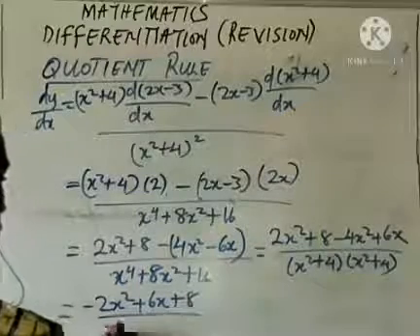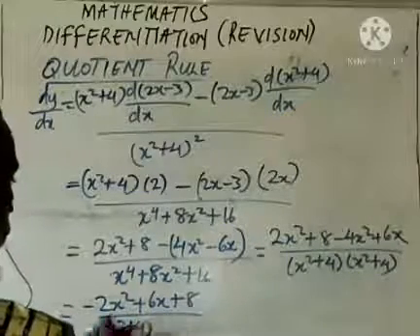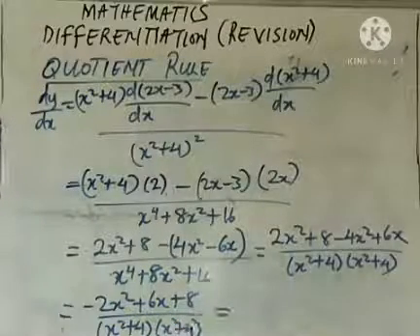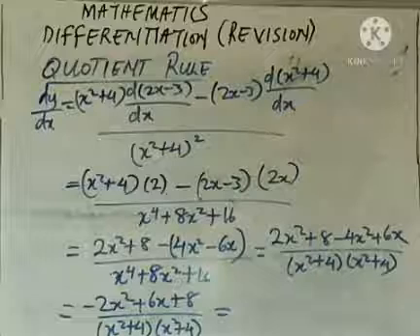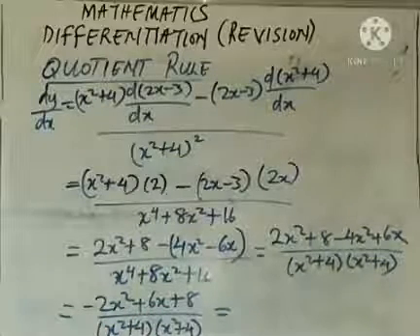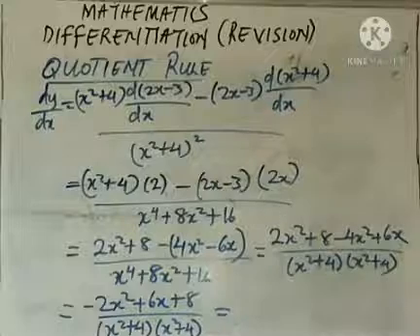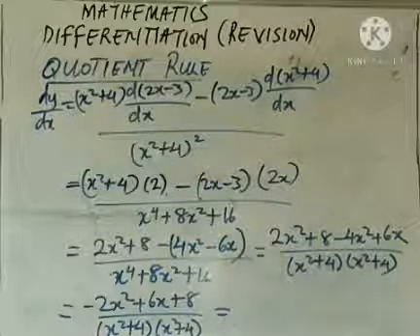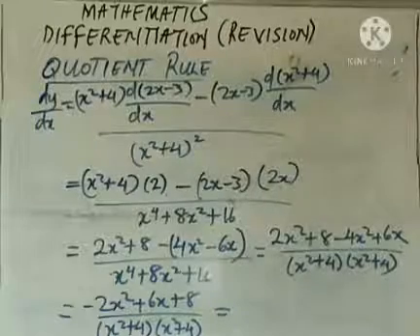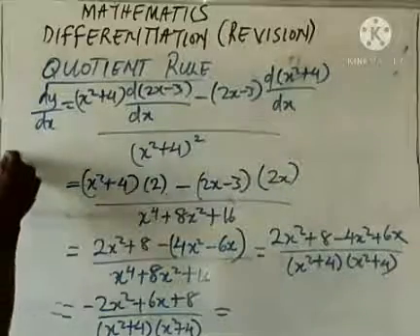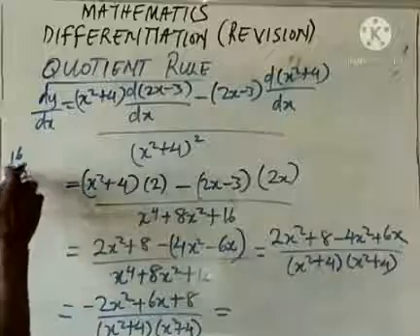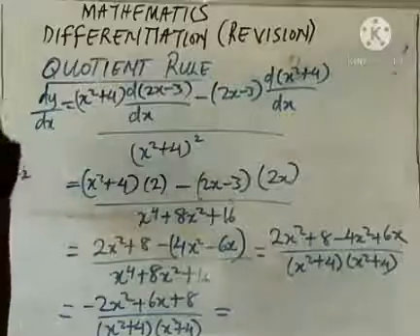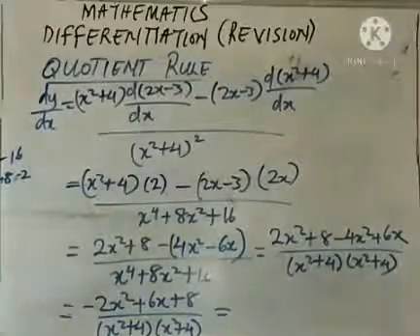Is this factorizable? Let's check. From what we have, minus 2 and 8 gives me minus 16. Is there two values whose product gives minus 16 and whose sum gives 6? From 16 we can have 8 and 2. If I have plus 8 and minus 2, multiplying them gives minus 16, and adding them gives plus 6.